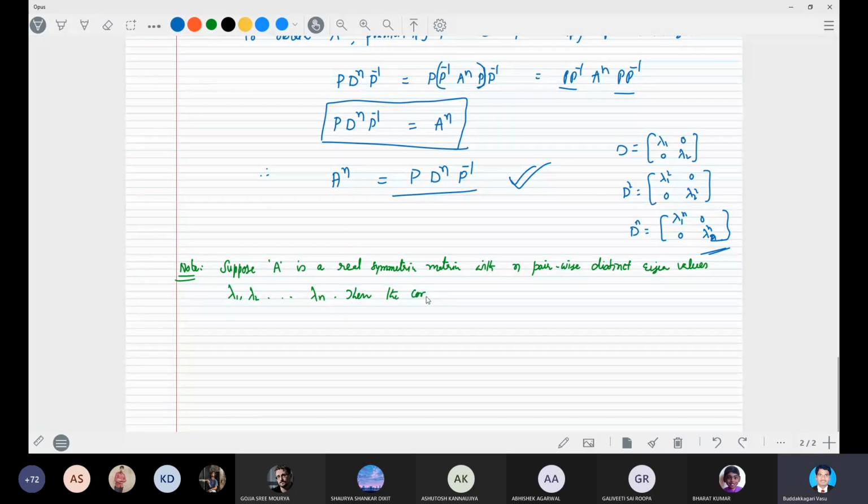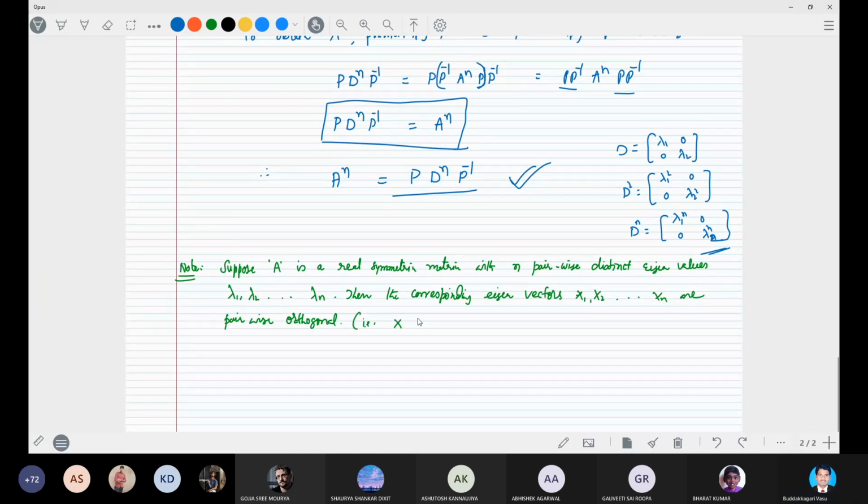Then the corresponding eigenvectors x1, x2, and so on, xn are pairwise orthogonal. You know what is meant by pairwise orthogonal?